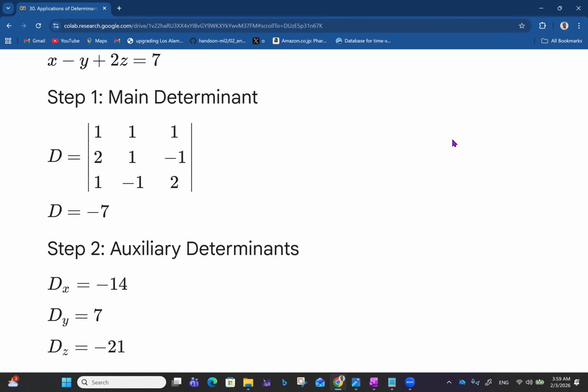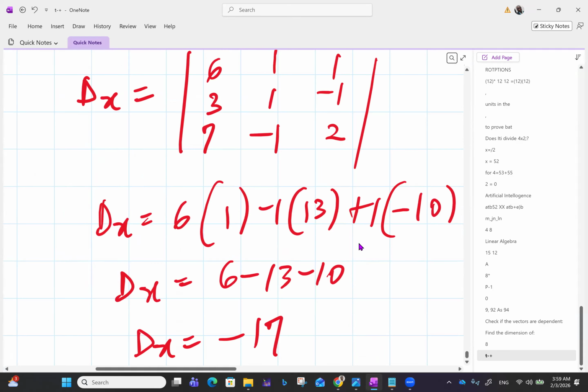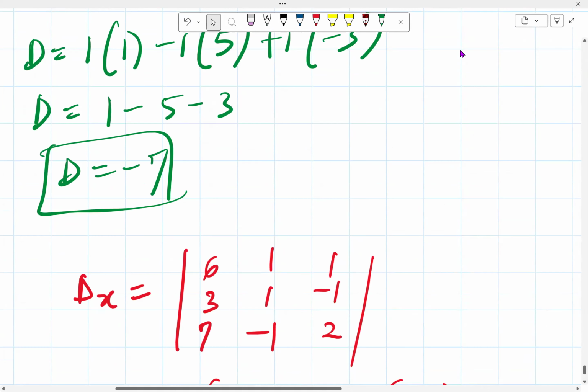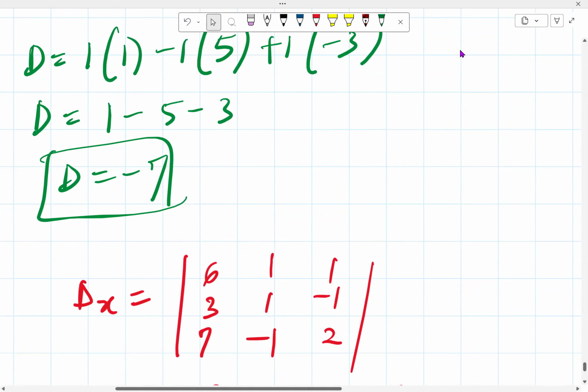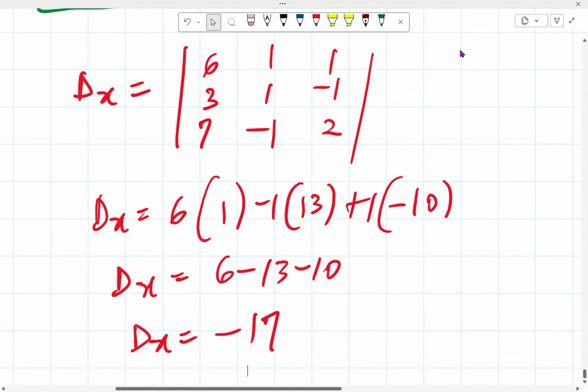Okay, I'll check that again. 1 minus 1, 2. And this is 637. So 6, cover this, and this is 1 times 2, 2 minus 1, yes. Then minus 1 into cover this and this.